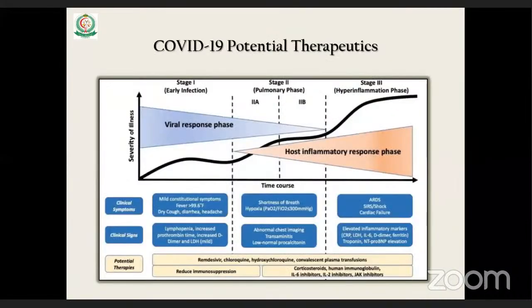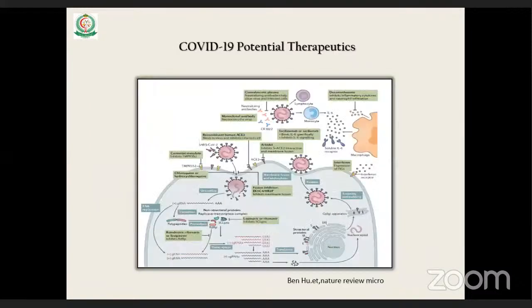Again, here the stages. So by now you know that we have different antiviral like remdesivir, favipiravir, different other drugs used initially like anti-malarial drugs, hydroxychloroquine, etc. And the anti-inflammatory agent is the corticosteroid and the tocilizumab that we used in our patients.